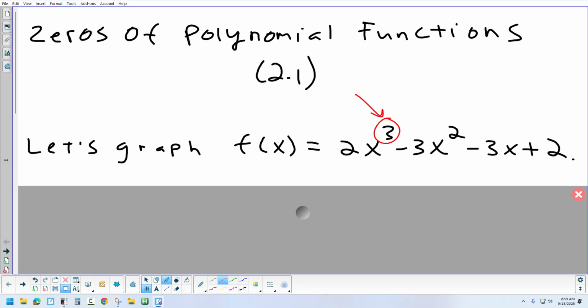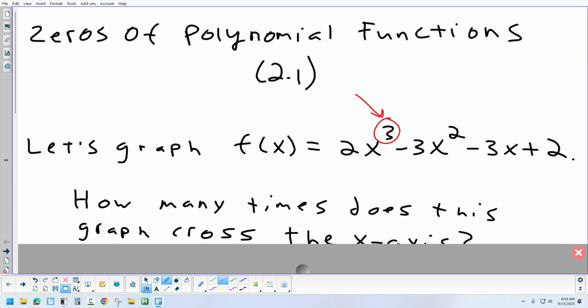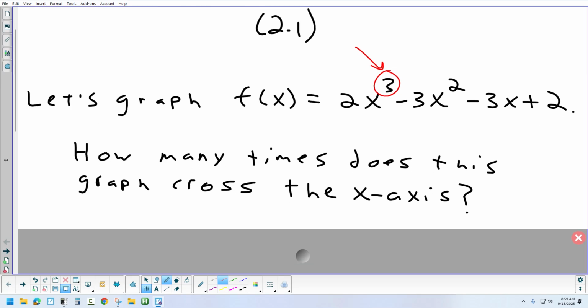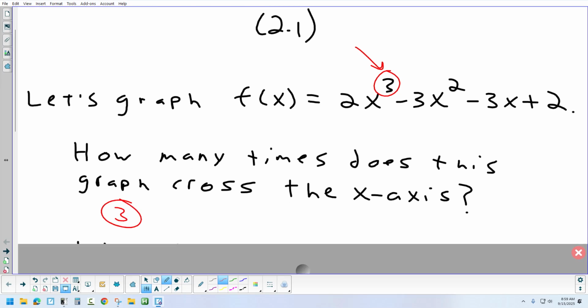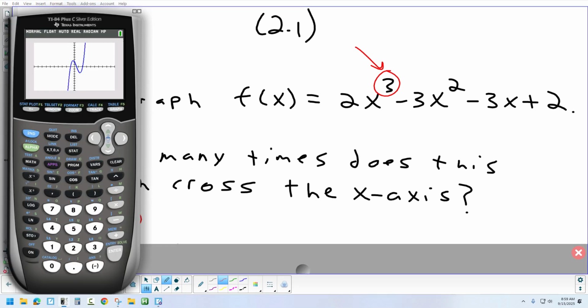I could have made it so this graph crossed twice or once. It would be impossible to get none. You always have to have 1 in this type of graph, and we're going to learn more about why. So this particular graph crosses 3 times. 1, 2, 3.